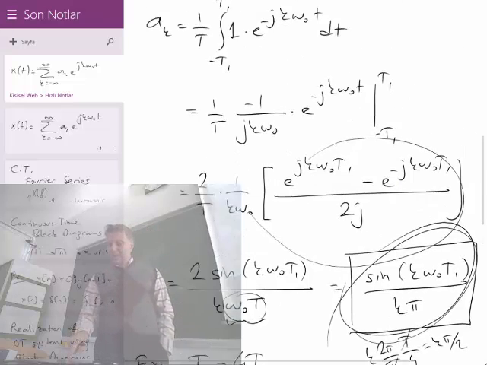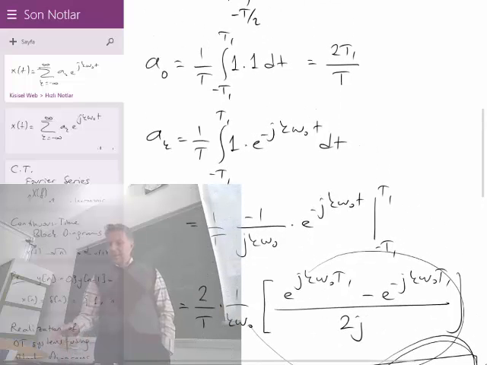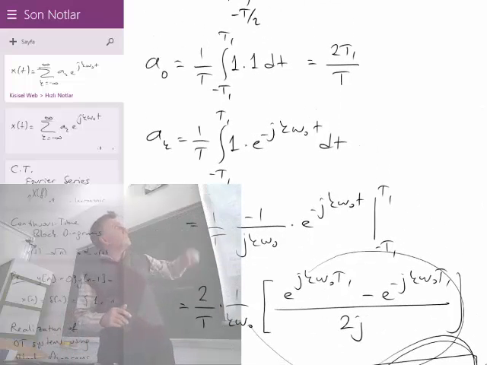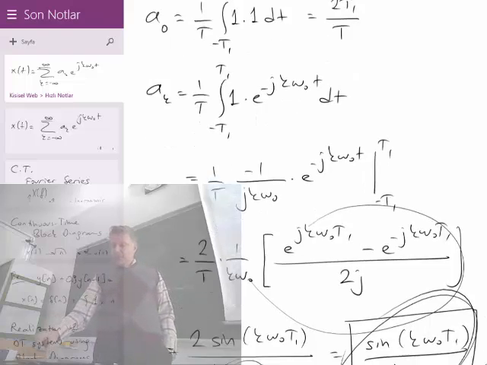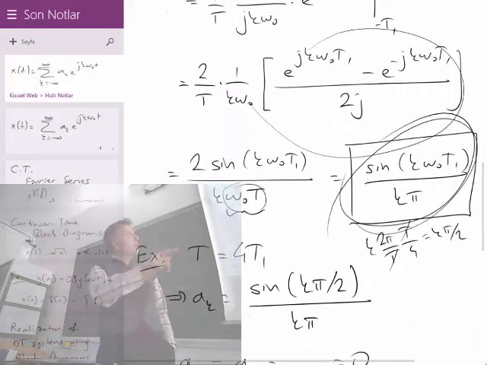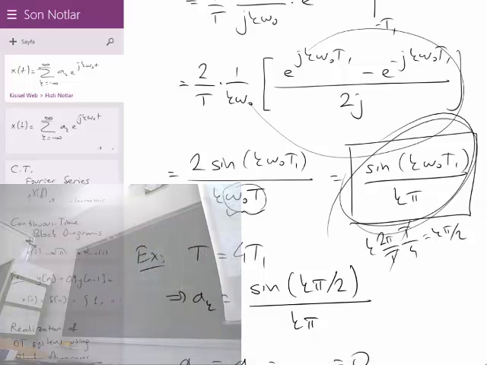By the way, why did we find a0 separately at the top? Why didn't I just give you this answer and say that ak is that, including k equal to 0? Do you see the problem there? Yeah. There's a denominator with k.